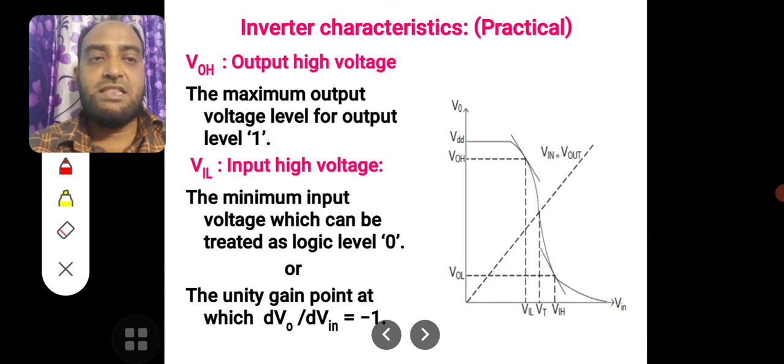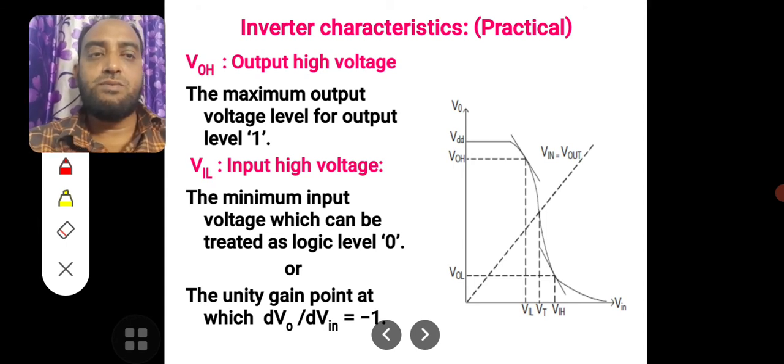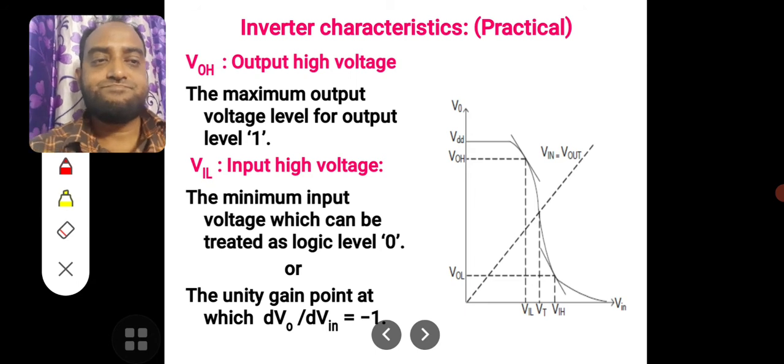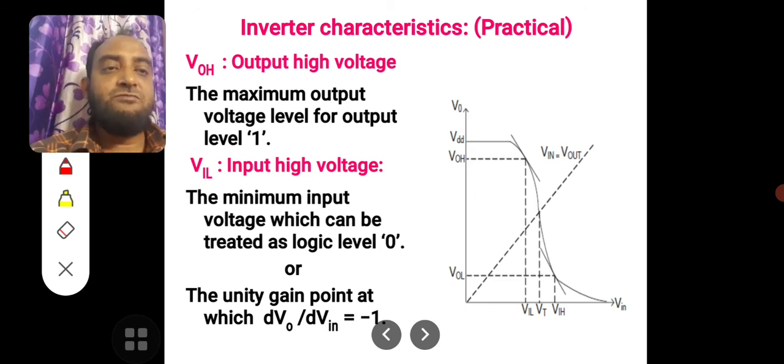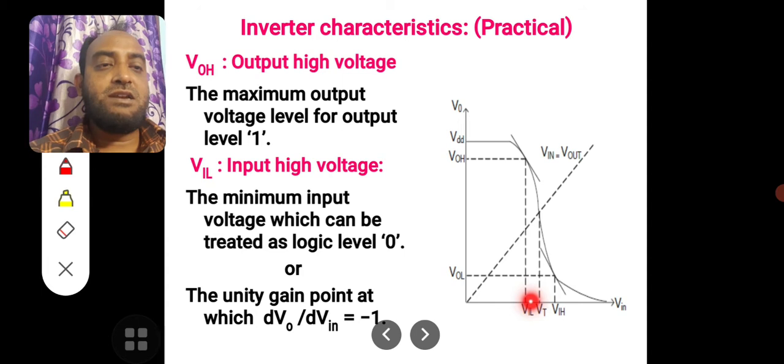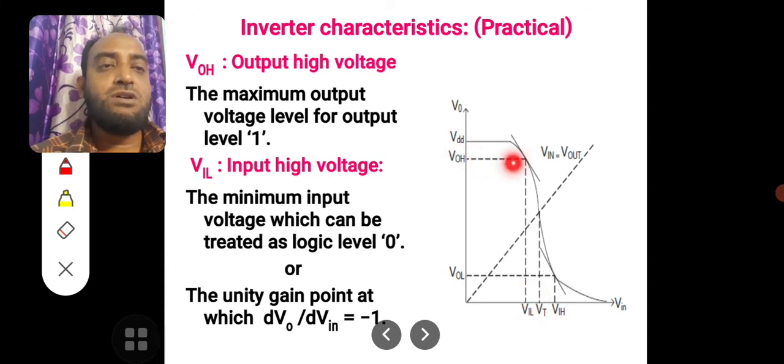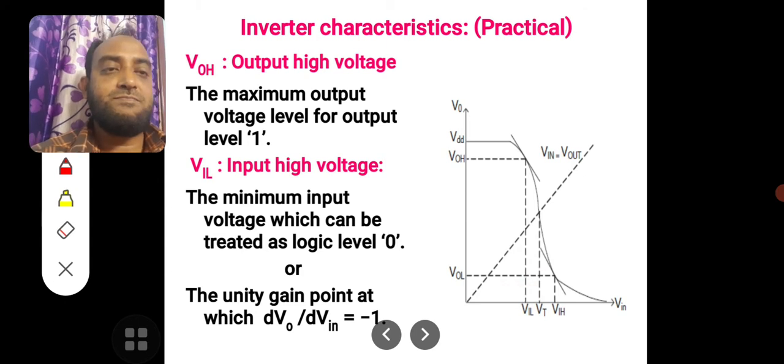As we have seen in the ideal case, exactly at VDD by 2, the output drops from high to low. Here, at VIL, the output drops from high to low in the ideal case.